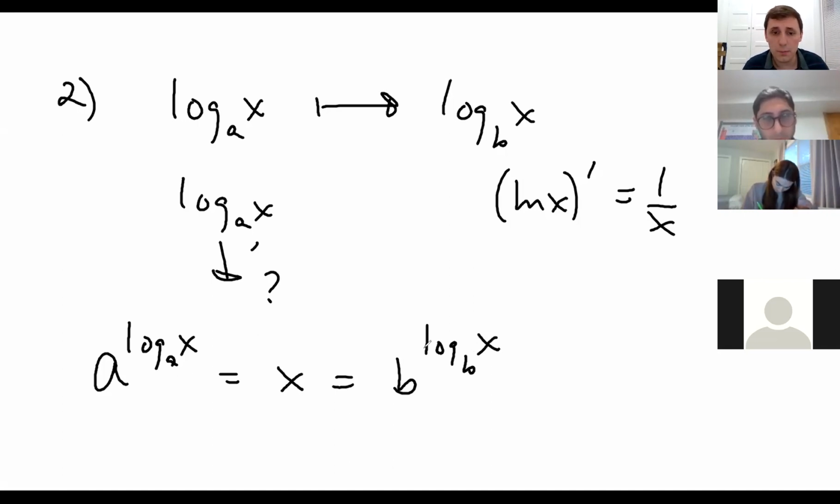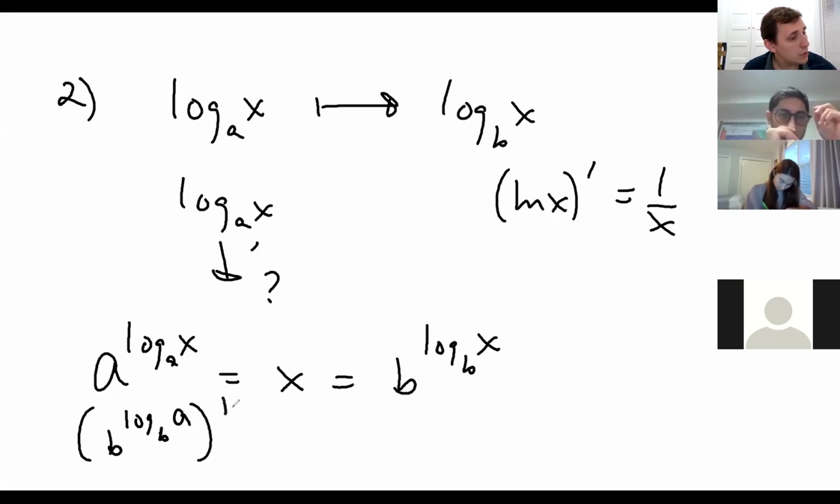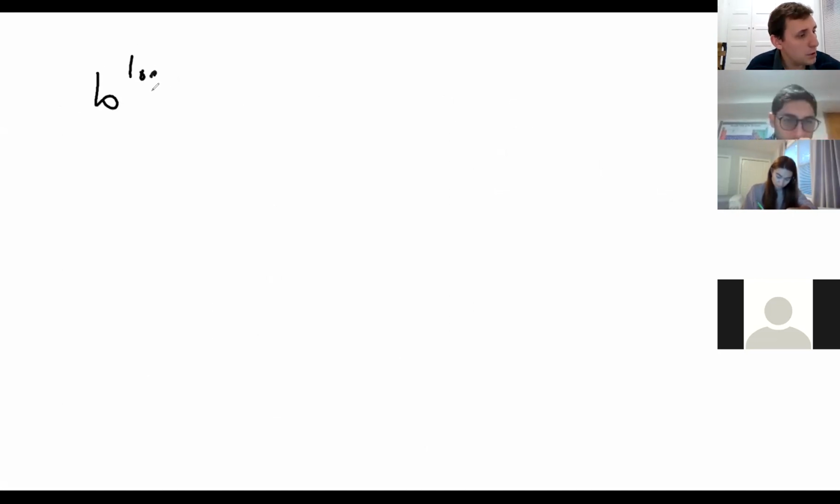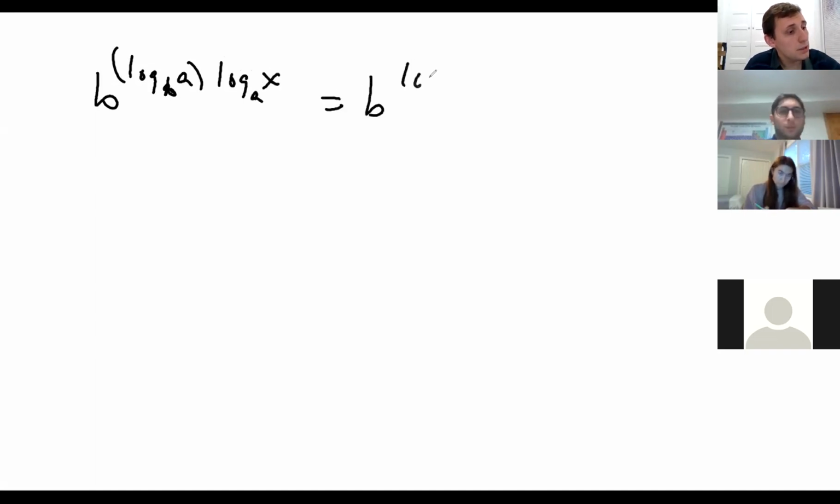So here I want to see b to the power of something equal to b to the power of something. But here I see a. So what do I do? I write it as b to the power of log base b of a. And that will give me a to the power of log base a of x will be b to the log base b of x, which means b to the power of log base b of a multiplied by log base a of x is equal to b to the log base b of x, which means what?